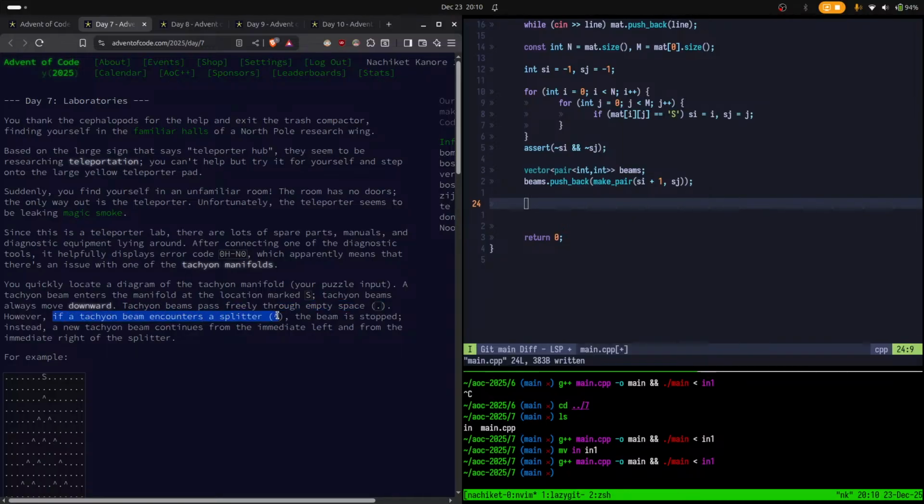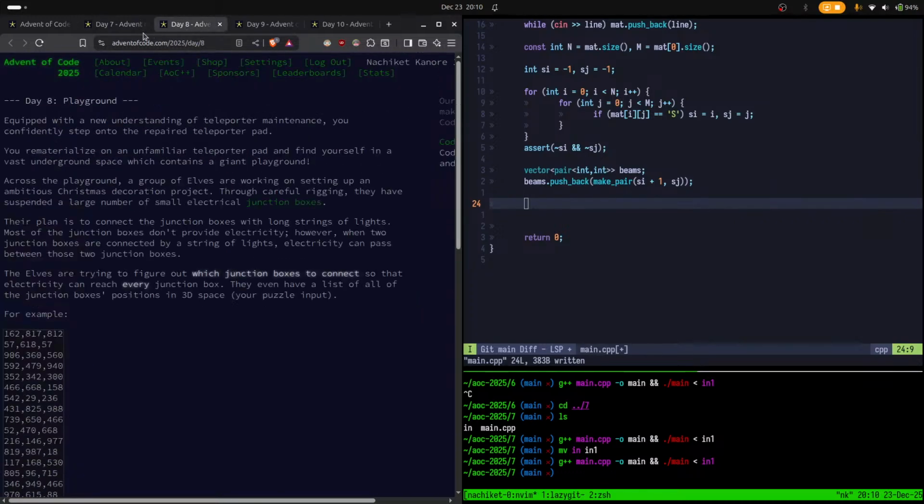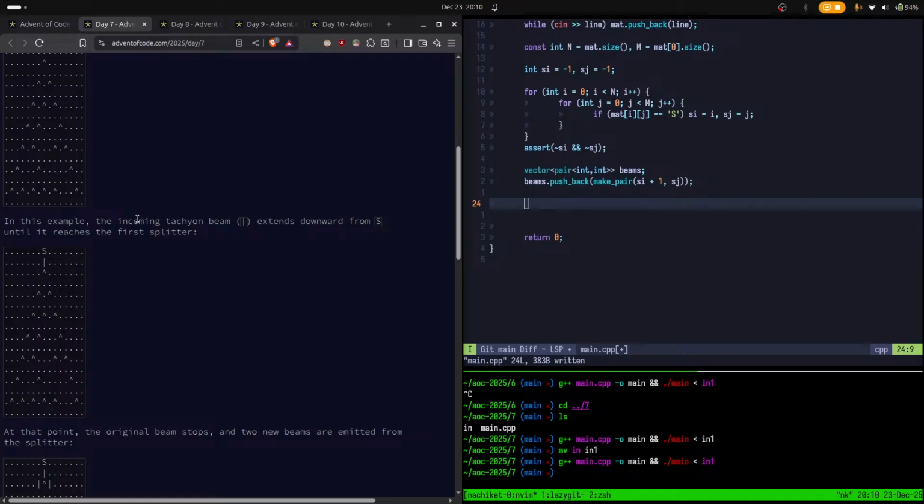If a beam encounters a splitter, the beam is stopped and new beams continue on the left and right of the splitter. The input is such that the beam created will land on a splitter. So let's move ahead with that assumption.